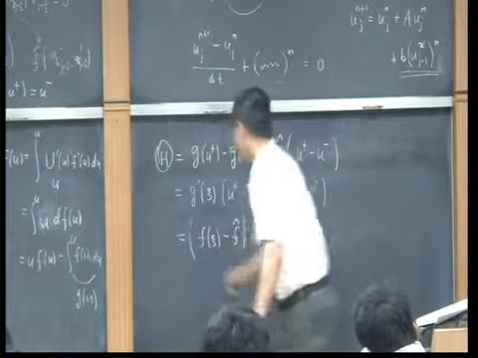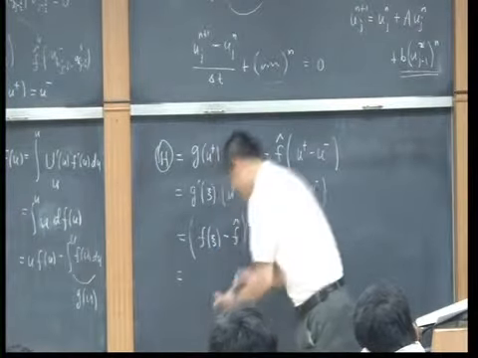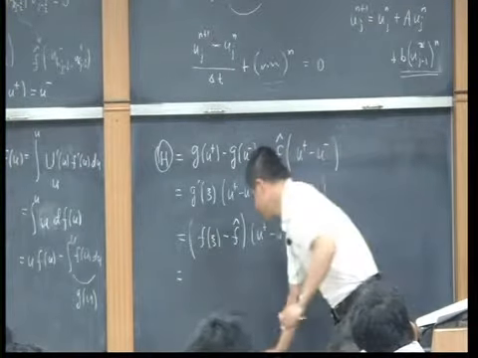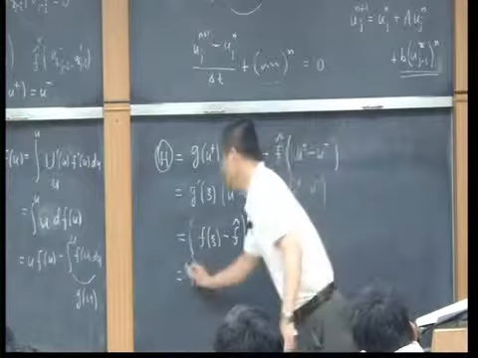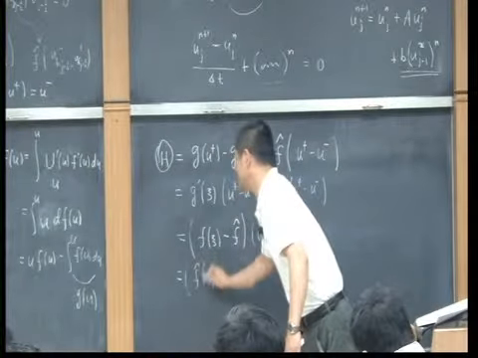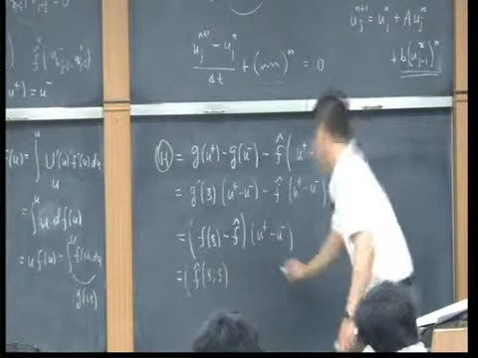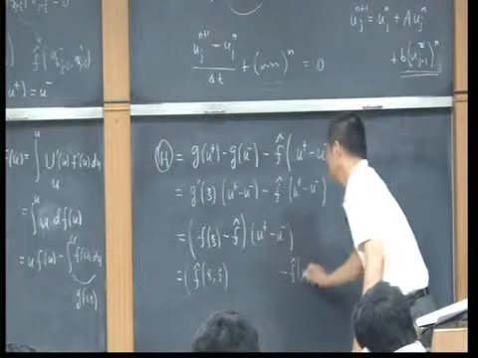Okay, let me rewrite it a little bit to make my own life easier. Let me rewrite it using numerical phrases. I write it as this: F of C minus F hat, times U plus minus U minus.